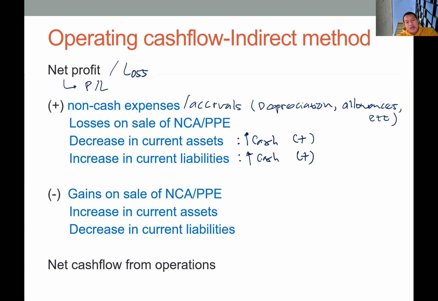And then we deduct gains because of this selling of PPEs, and the increase in current asset. If the current asset is increasing, we assume that the company uses the cash to purchase more current asset, so cash should be negative. And if the current liabilities is decreasing, the company is using their cash to repay some of current liabilities. So this one should be negative as well.